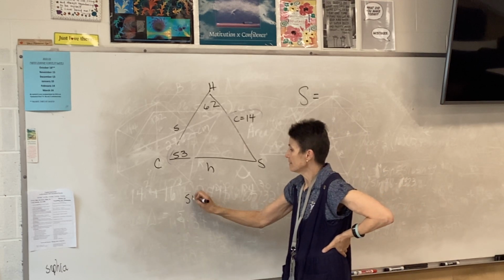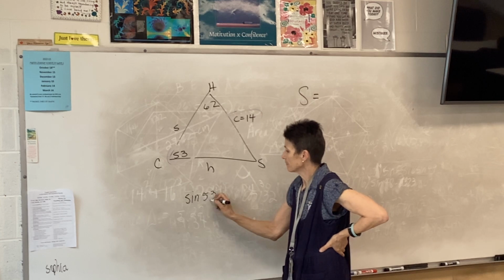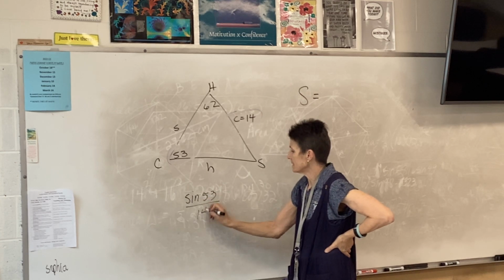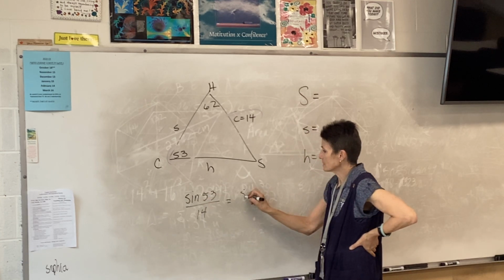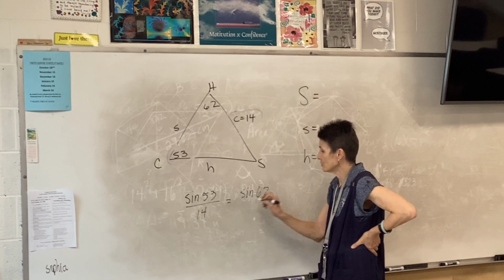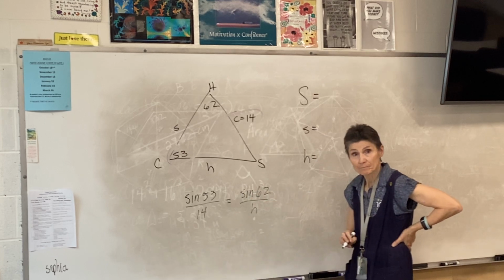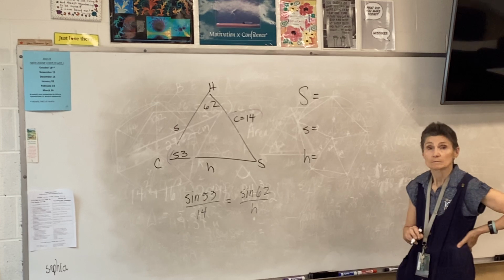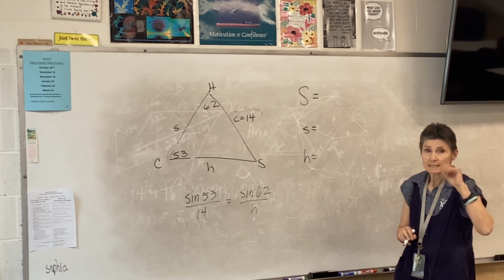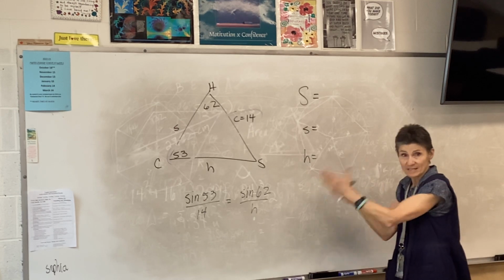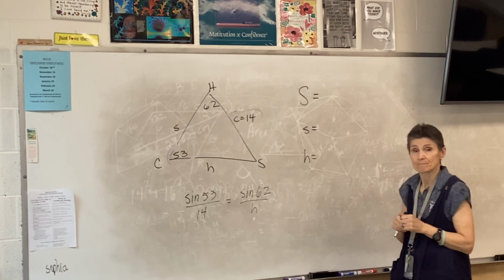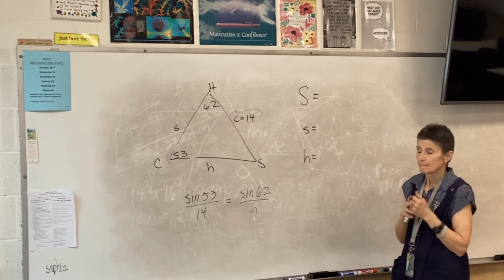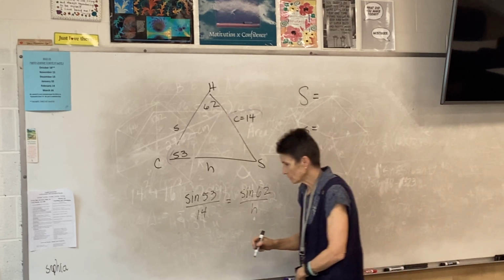So sine 53 over 14 equals sine 62 over h, maybe? Now you might do things in a little different order, but this is okay. This is right. And we're going to get the same answer. So I'll cross multiply.